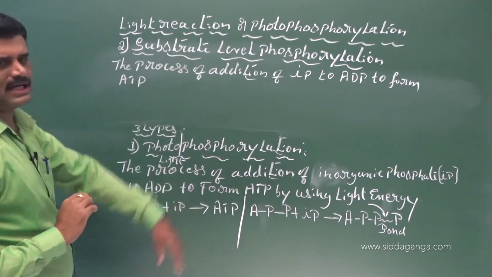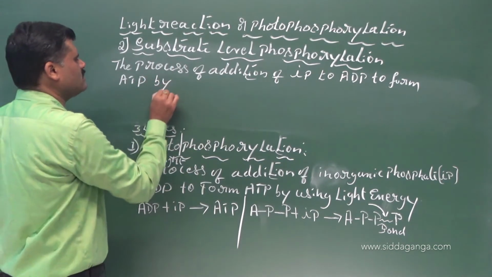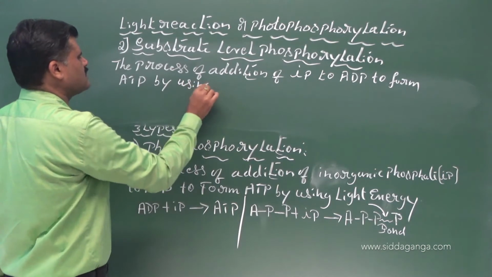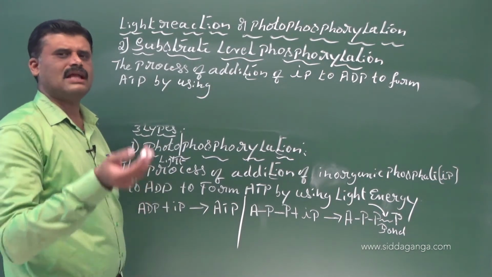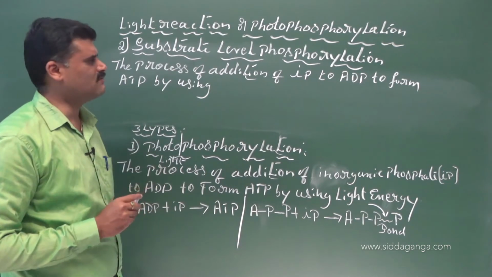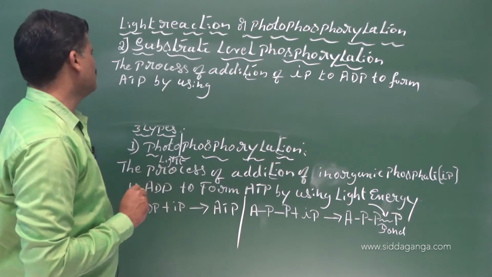Then next is substrate level phosphorylation. The type of phosphorylation depends on which type of energy you utilize for addition of inorganic phosphate to ADP to form the chemical bond.